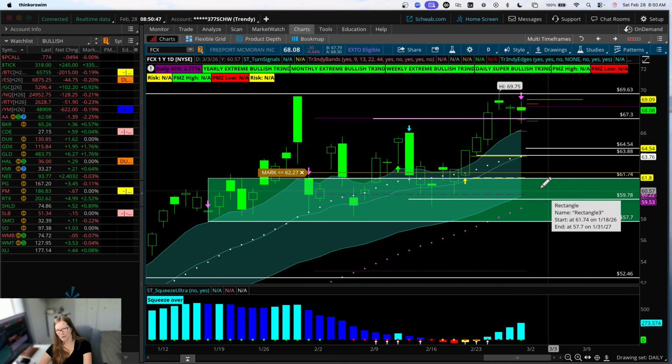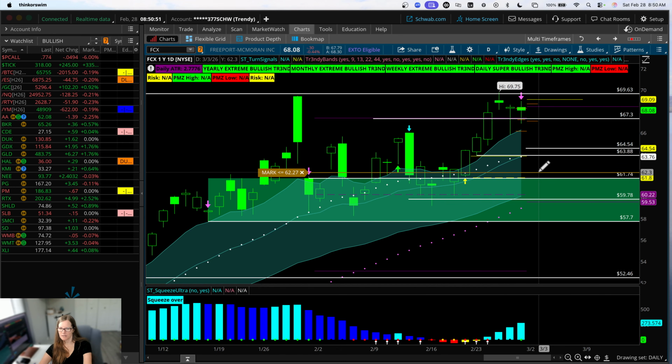Are there more buy orders? I don't know, but this zone has been tested multiple times. All right, so now I'm removing Freeport from my list, but this is a potential buy zone. I would still trim at 67.30 to 69.63. Okay. All right.